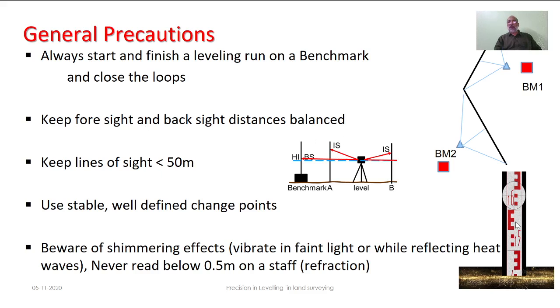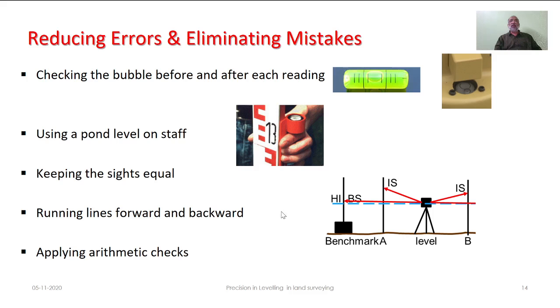Hence, it's better to avoid the lowermost part of the staff as well as even the upper end of the staff, but keep it restricted to say 1.2 to 1.52 meters so that it will have more correctness as far as effects of the inclination or effects of this particular shimmering and refraction is concerned. We can reduce the errors as well as we can eliminate the mistakes by broadly observing these things.